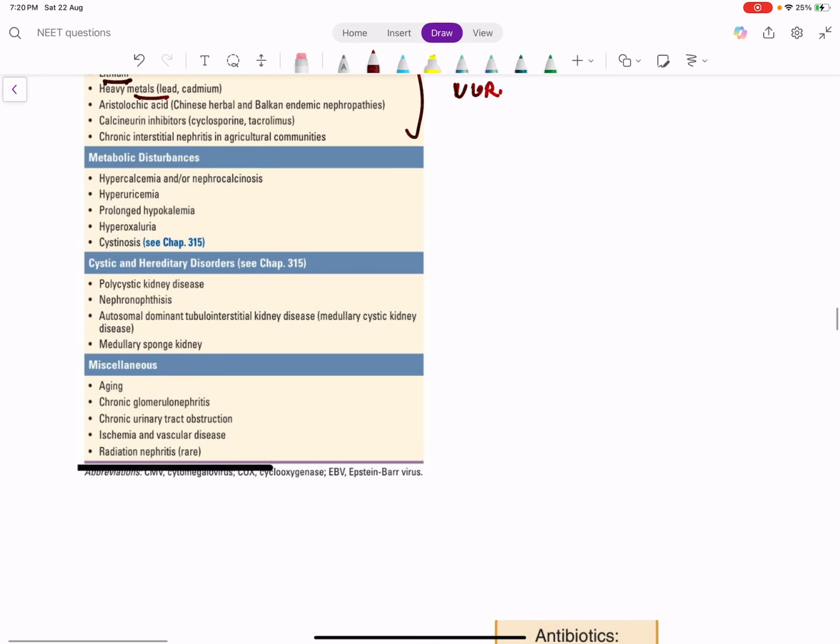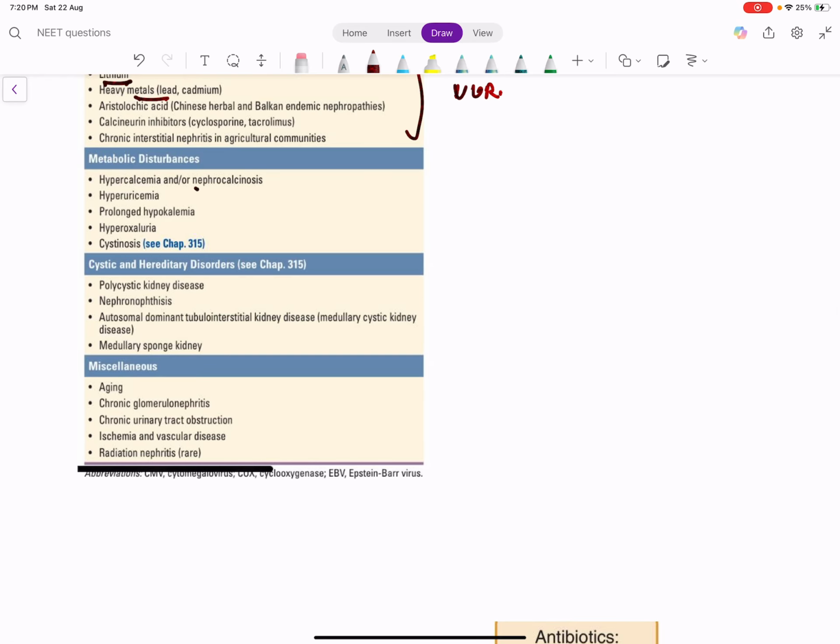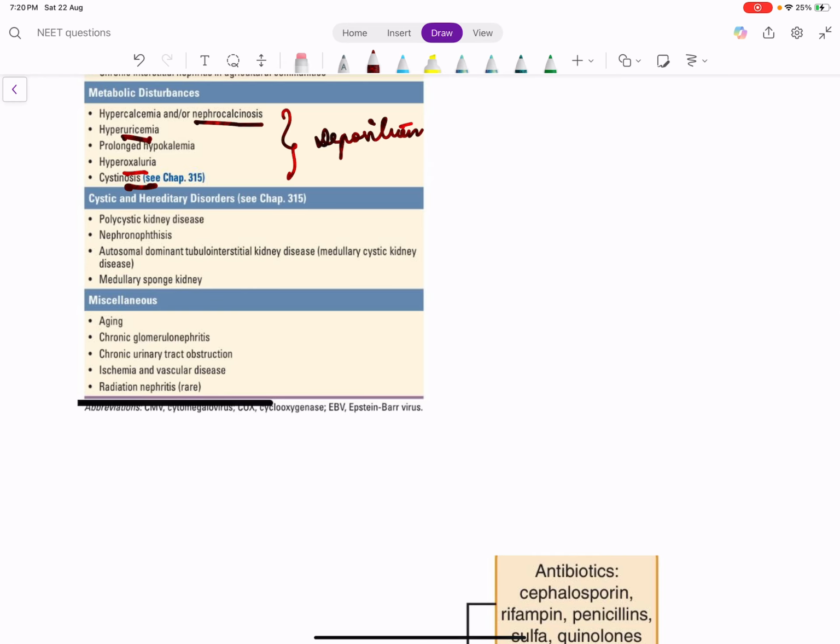And some deposition diseases like calcium, nephrocalcinosis, hyperuricemia, hyperoxaluria, cystinosis, these deposition diseases affect the tubules. And cystic diseases, there are 4 cystic diseases of the kidney: polycystic kidney disease, nephronophthisis, medullary cystic kidney, and medullary sponge kidney. These 4 cystic diseases are also tubulointerstitial diseases.